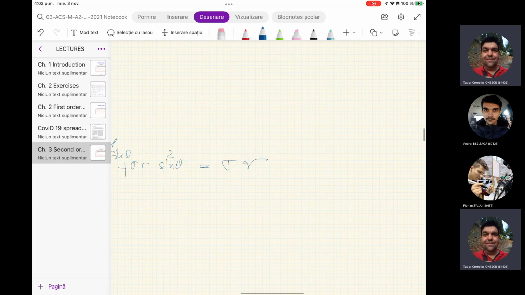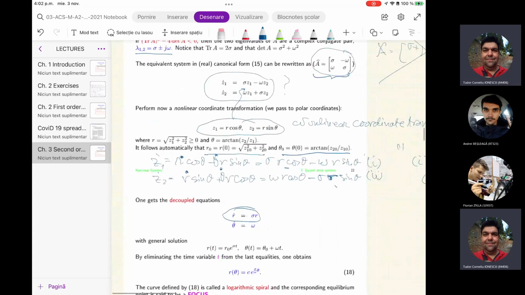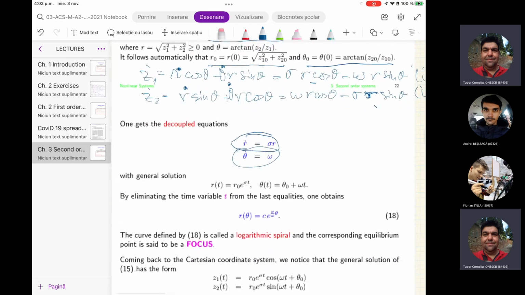Okay, and this term goes away, and then you get sigma r. Okay, and you get the first equation. Identically, you compute the second equation, so you get this very simple linear system in polar coordinates. What's the solution of such a system?